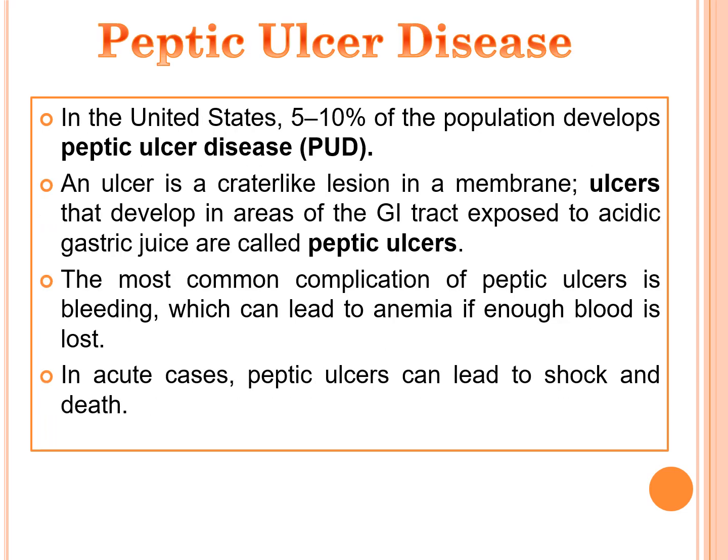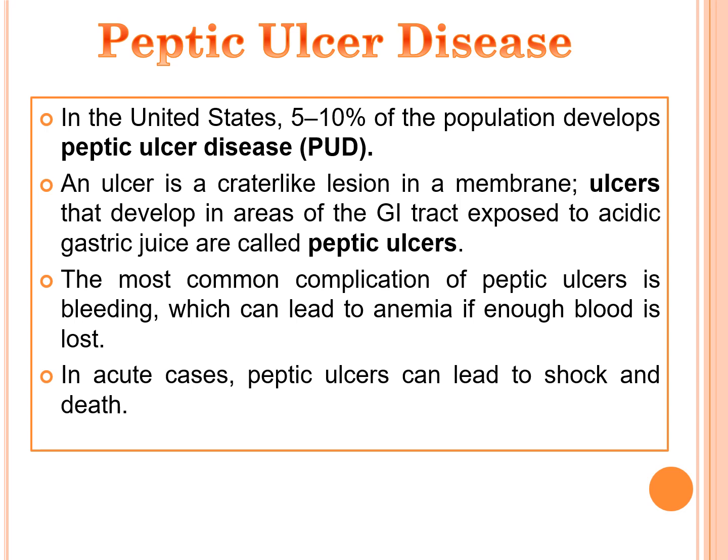Next, coming to peptic ulcer disease. In the United States, 5 to 10% of the population develop peptic ulcer disease, that is PUD. An ulcer is a crater-like lesion in a membrane.